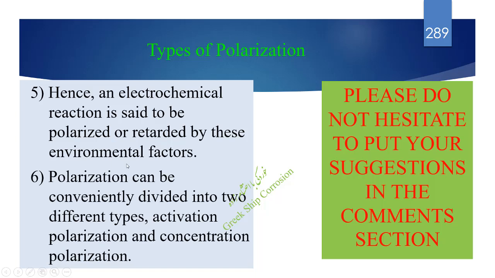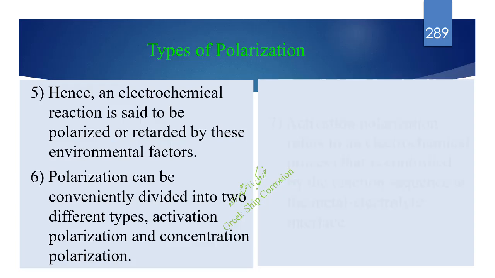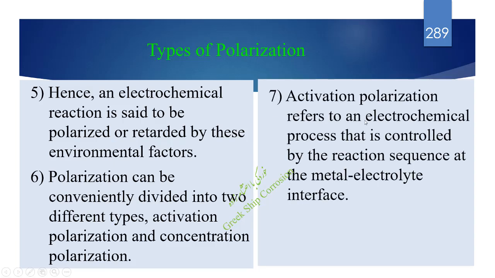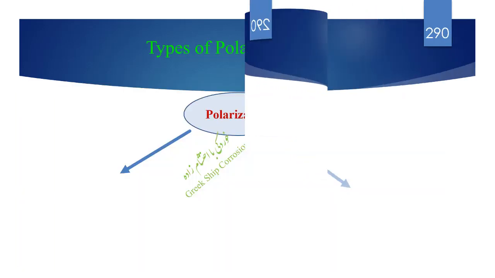Polarization can be conveniently divided into two different types: activation polarization and concentration polarization. Activation polarization refers to an electrochemical process that is controlled by the reaction sequence at the metal-electrolyte interface. This is easily illustrated by considering the hydrogen evolution reaction.